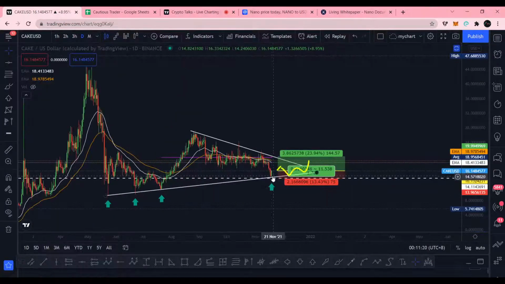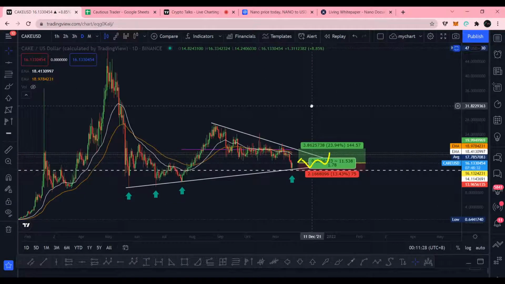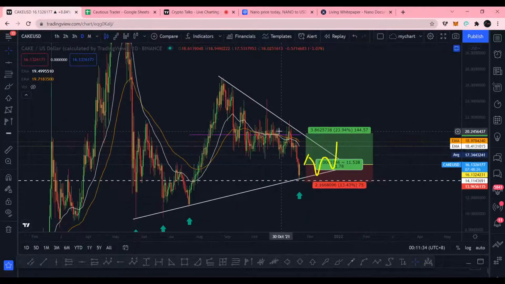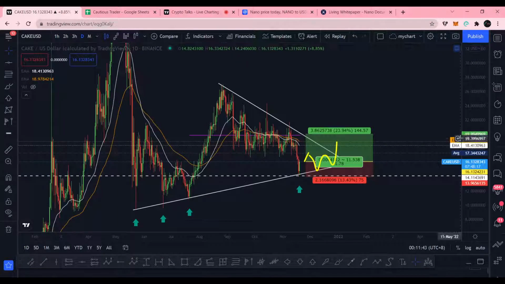Kasi, syempre, as much as possible, I want to long or buy at this support, $14. But since it went up, and there is also a dead cross here, I think on conservative note, I'd rather wait for a breakout at $20.